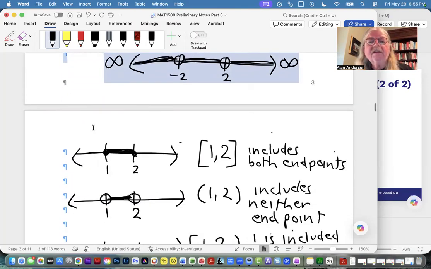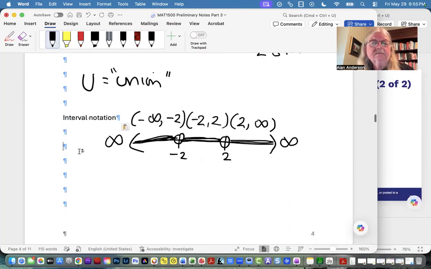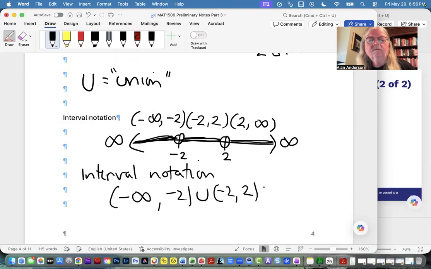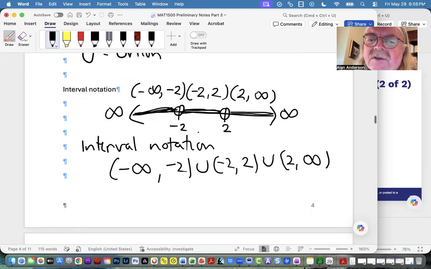And so you would write this one in the following way. It's a very complex way, I guess, in this case of showing that it's everything but negative and positive two.